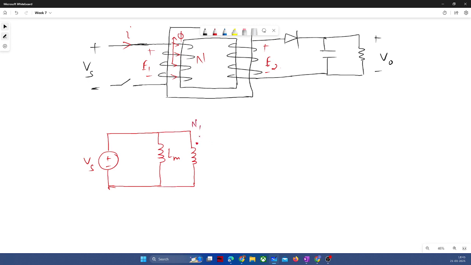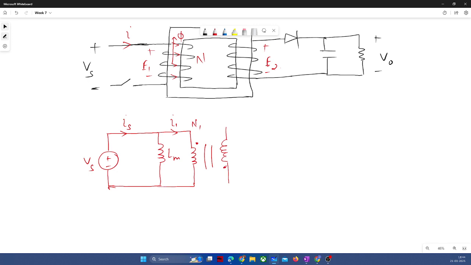This will have your number of turns N1, and here we will write I1. This is IS. Now we will reverse the polarity so that we achieve our desirable switching performance, right?